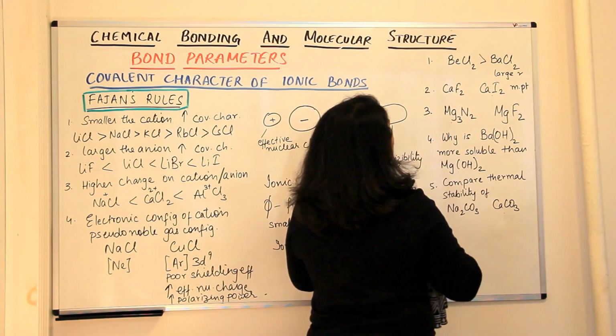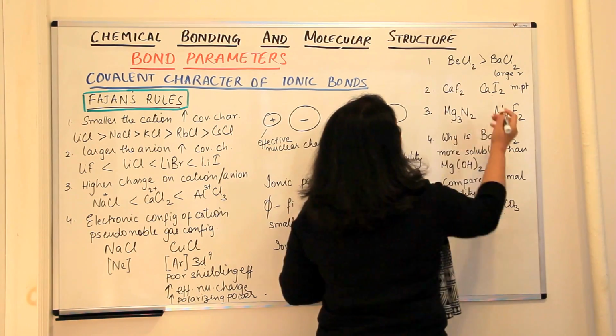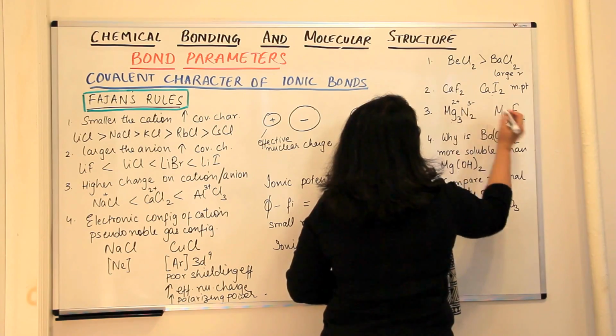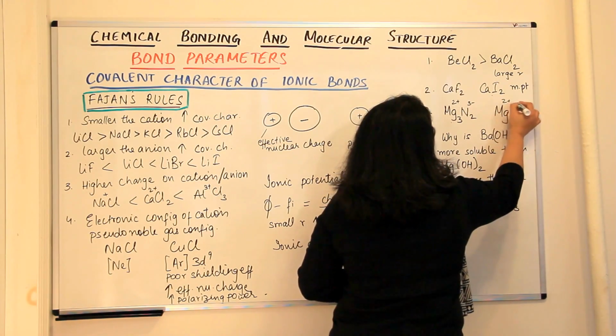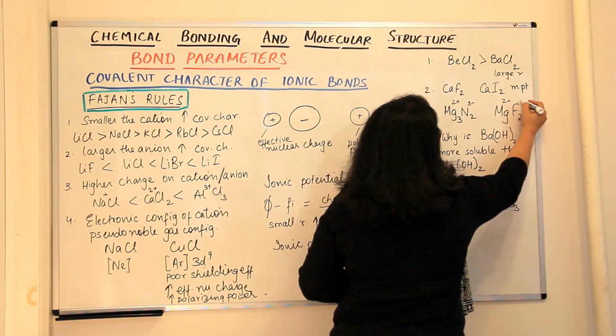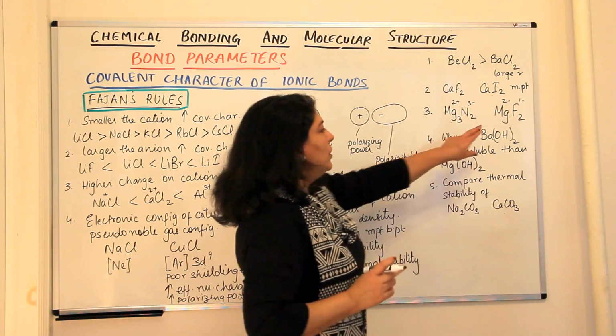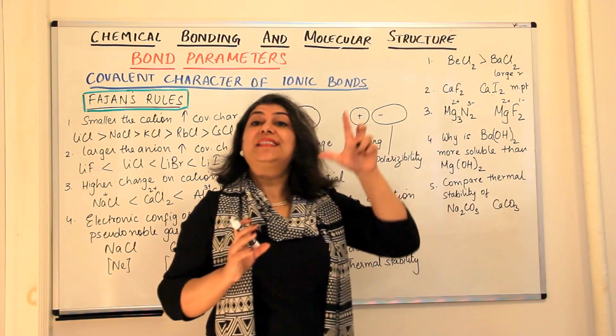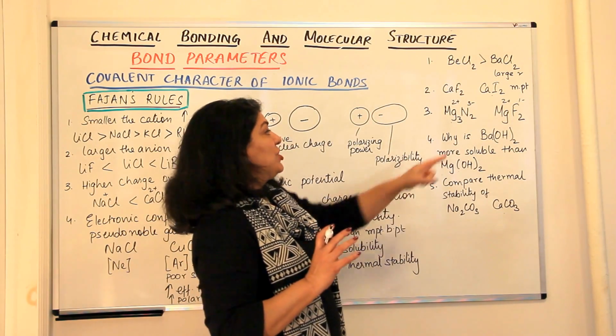Magnesium in both the compounds has the charge 2 positive, but N has charge 3 negative, and F has a charge of 1 negative. So fluorine is 1 negative while nitrogen is 3 negative. Which has a greater charge?